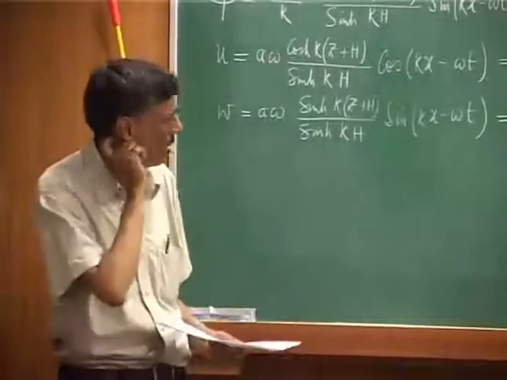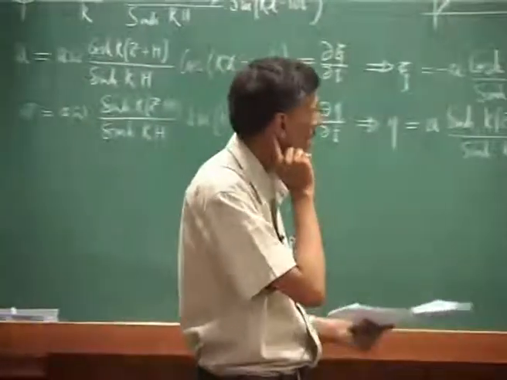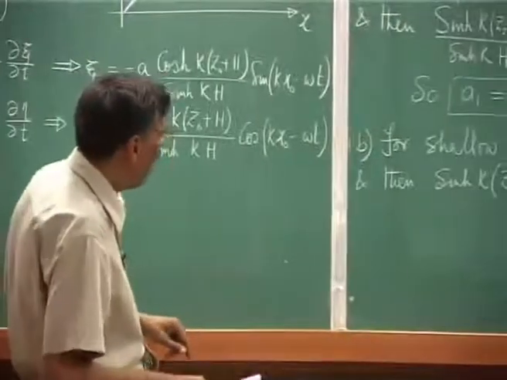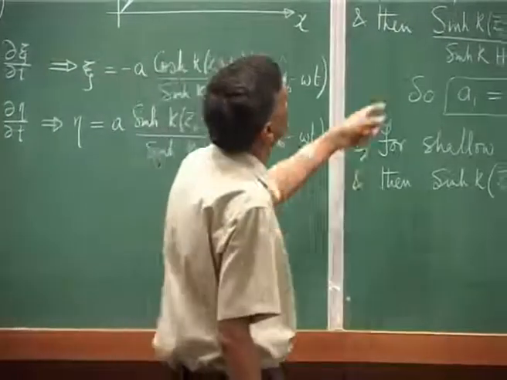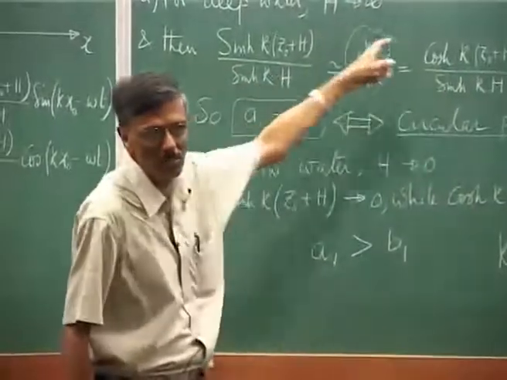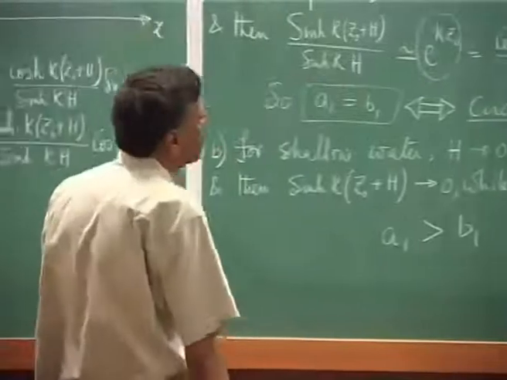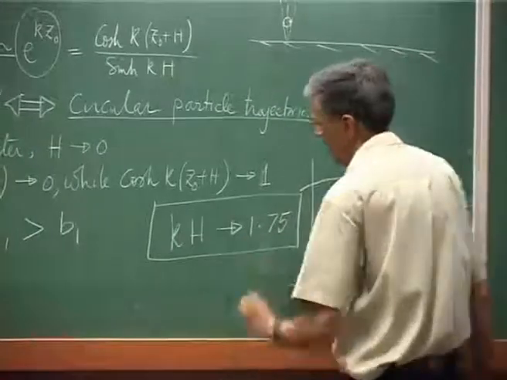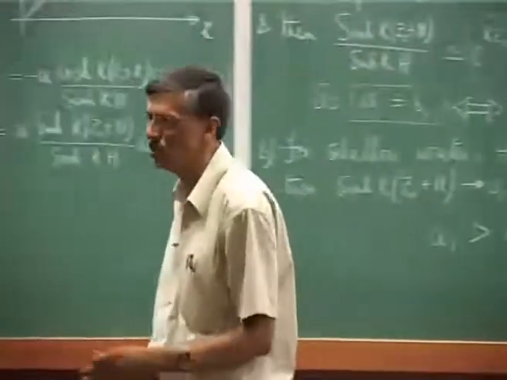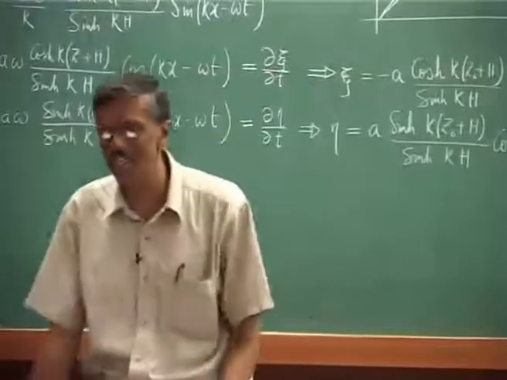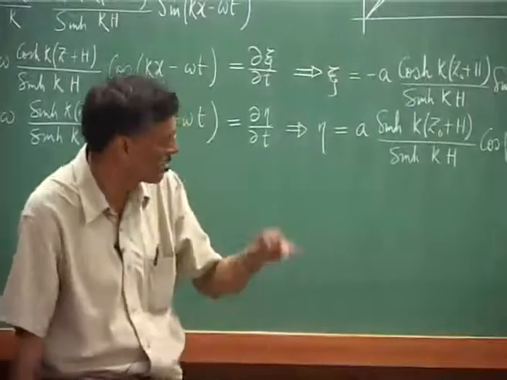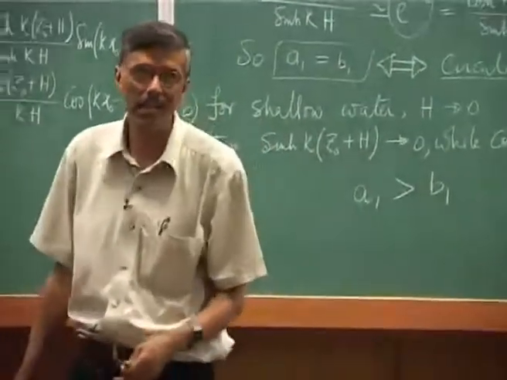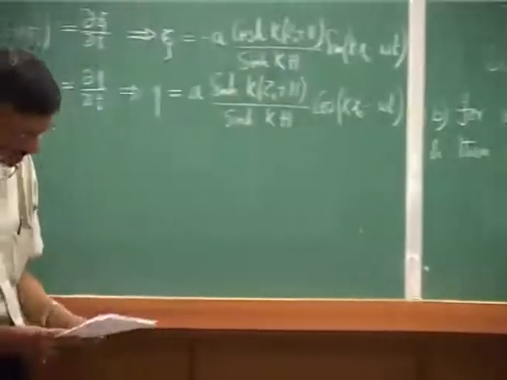And if you look at your dispersion relation, that is where you would see the tan hyperbolic part comes in and it saturates to that. So, k h greater than 1.75 is a kind of threshold below which you can talk about the intermediate range, and if it is far below, then you will say it is shallow water, but anything above 1.75 you could classify as a deep water wave. This is something that you know.